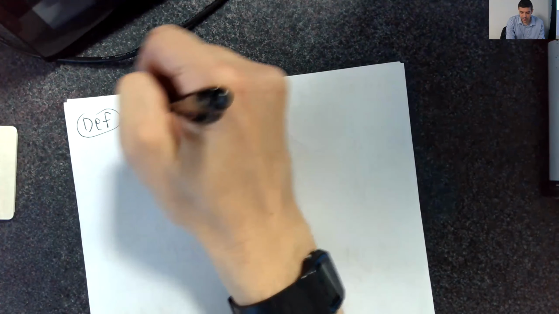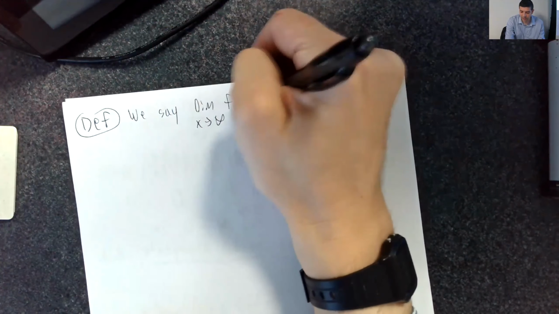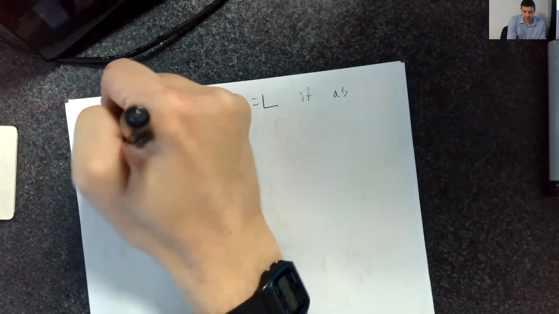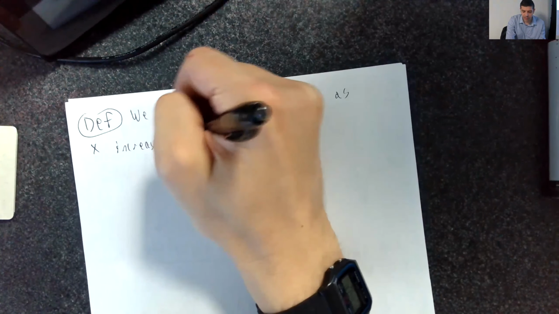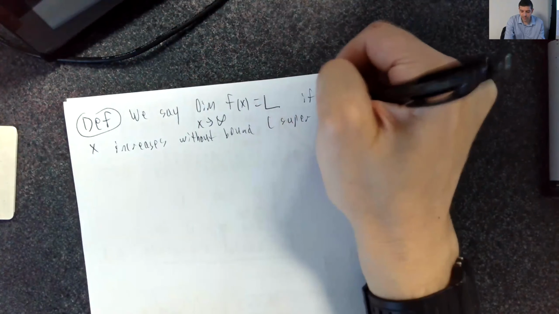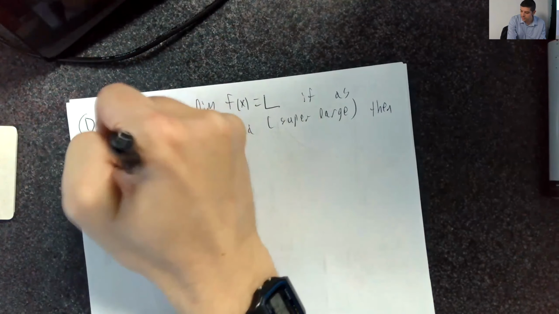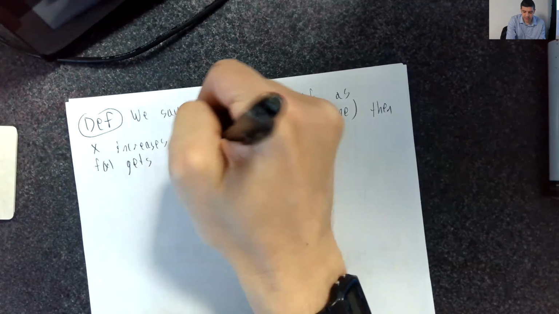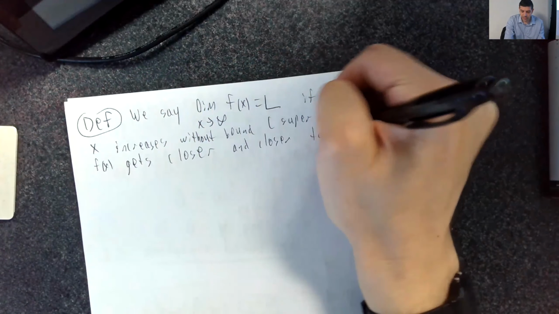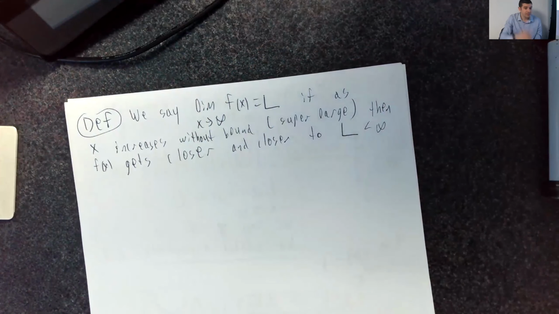So we say the limit as x goes to infinity of f of x equals L if as x increases without bound, i.e. super large, then f of x gets closer and closer to L. Let's say L is not infinity, because if L is infinity, then f of x is just getting really large.